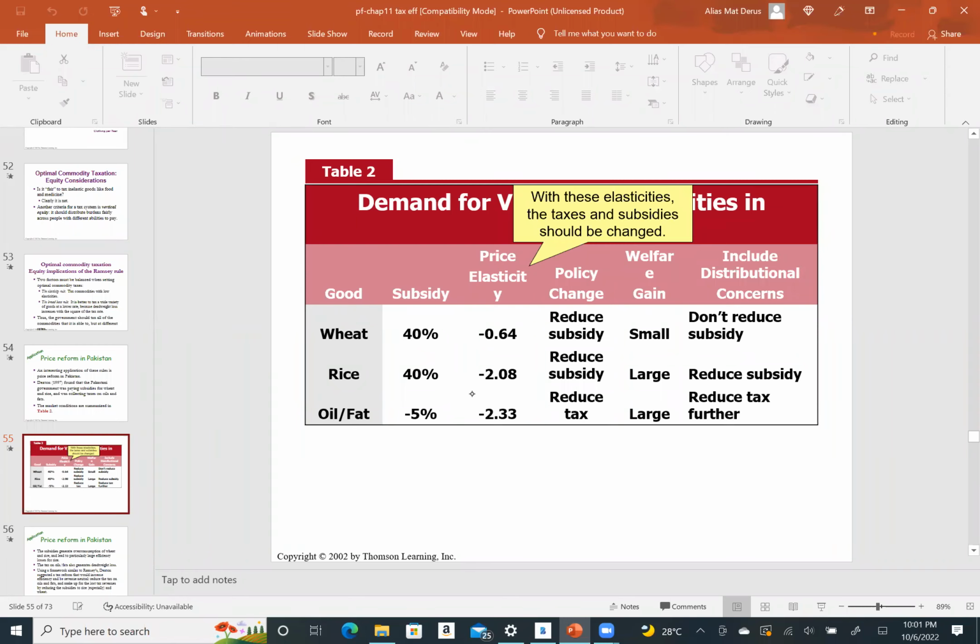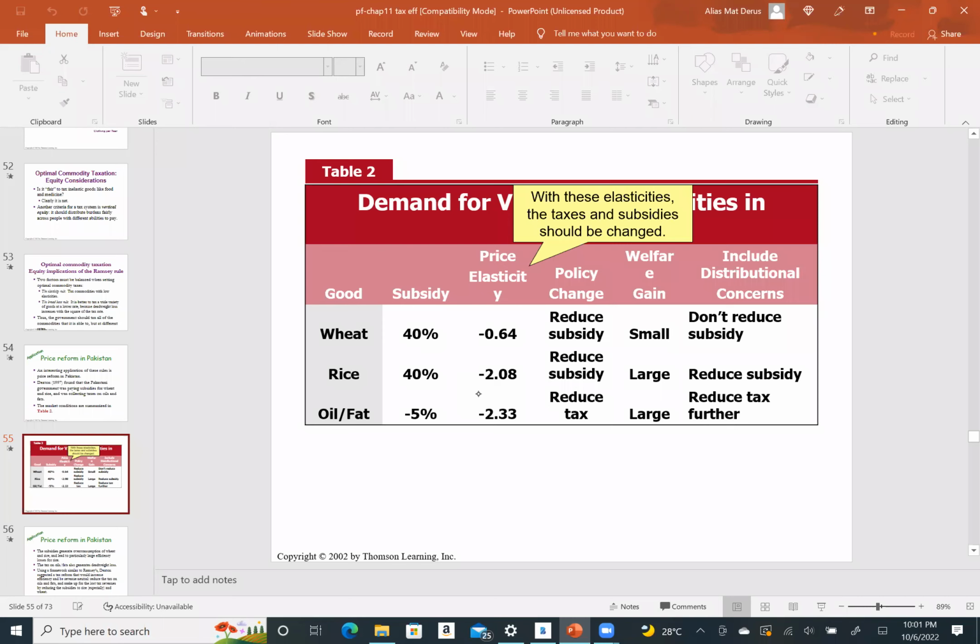Number one, is it based on the efficiency rule? No. Why not? Because the wheat demand is very inelastic.